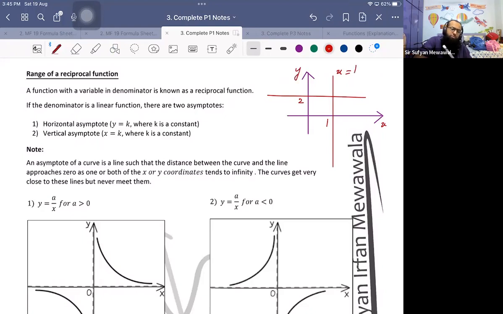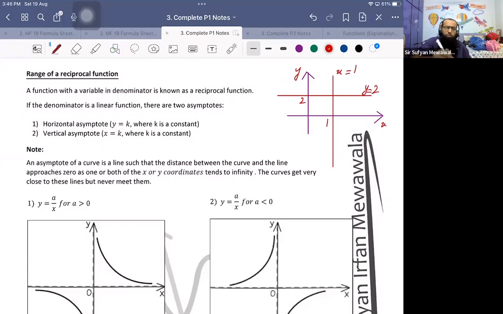The horizontal line passes through 2, the equation is y equals 2. So if it passes through 2, we will say y equals 2.